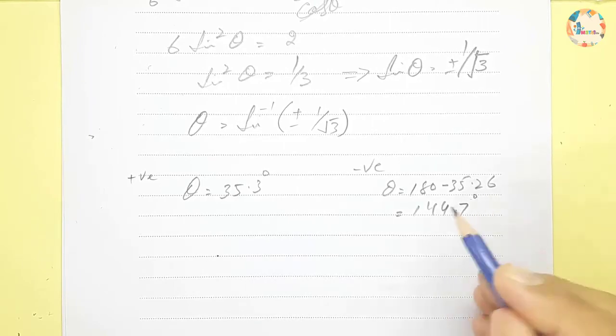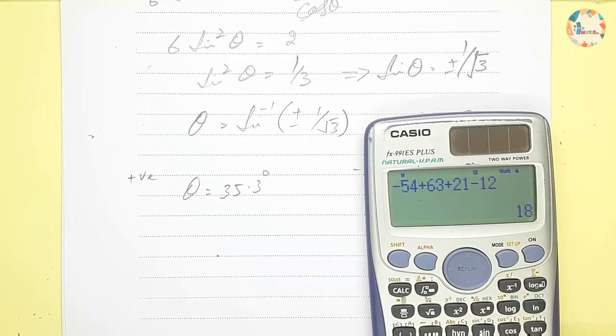We can use a calculator to find this: sine inverse of 1 over under root 3. This is for the positive value, and if we check the positive value we will get this one, sine inverse of this.